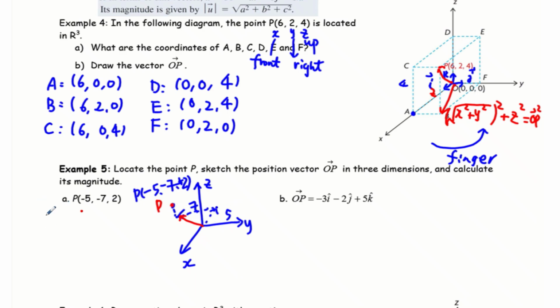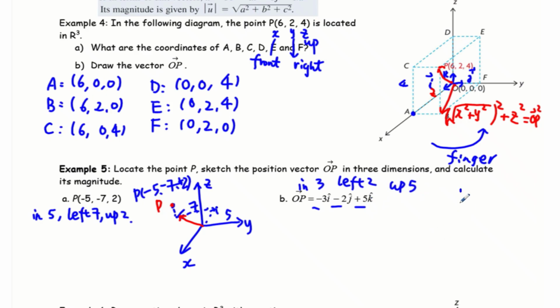So this one we could write: in 5, left 7, then up 2, okay? And this one, (-3, -2, 5), this one is inside the page 3, left 2, and up 5, okay?